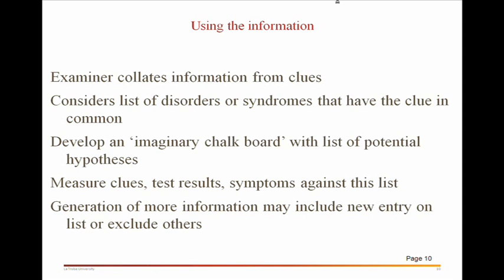The examiner collates information from clues and considers lists of disorders or syndromes that have the clue in common. You then develop an imaginary chalkboard with a list of potential hypotheses, and then you measure clues, tests and symptoms against this list. The generation of more information may include a new entry on the list or exclude others.